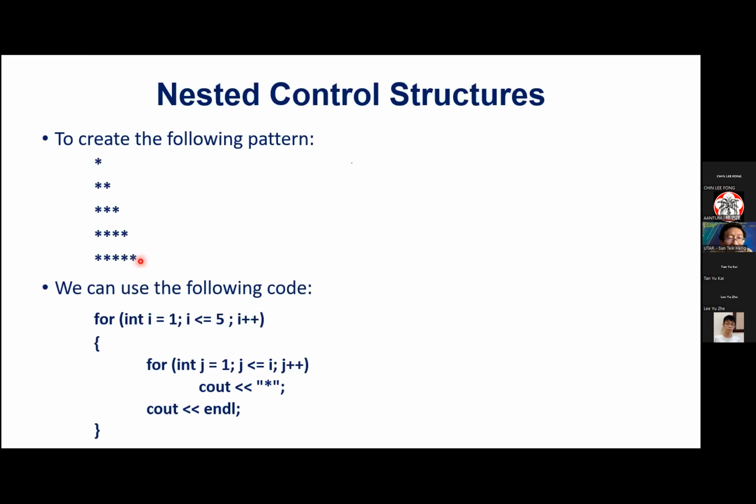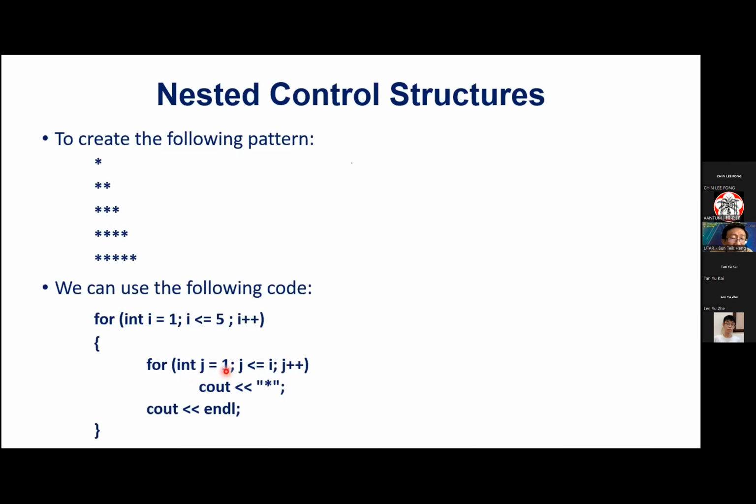How many stars we print in each line depends on how many times this inner for loop loops. If the inner for loop runs 1 time, then we'll print 1 star. If the inner for loop runs 2 times, we will print 2 stars. If it runs 3 times, then we'll print out 3 stars. If the inner for loop runs 4 times, then we'll print out 4 stars.